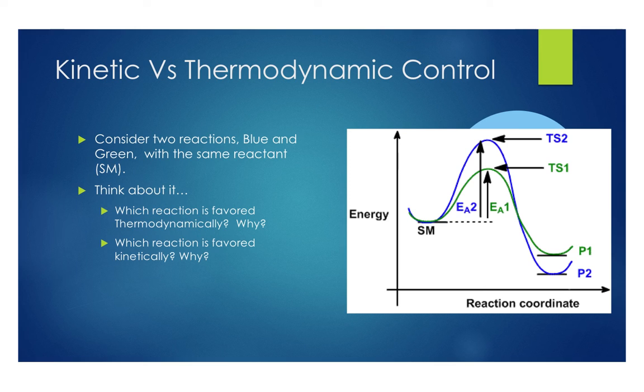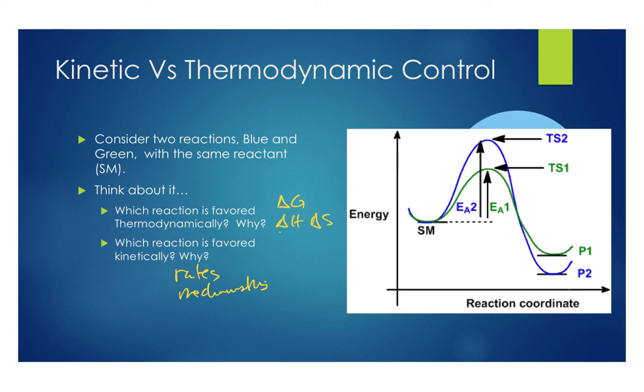So to be favored thermodynamically, we're talking about delta G, delta H, delta S. And in terms of kinetics, we're talking about rates and mechanisms. So which reaction is favored thermodynamically?